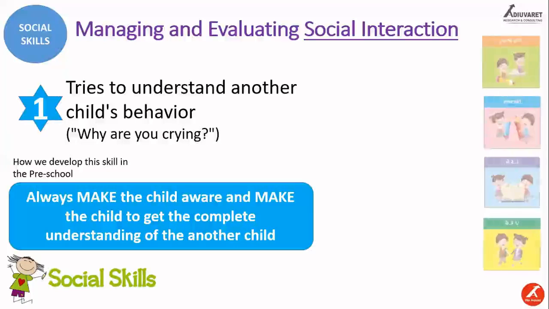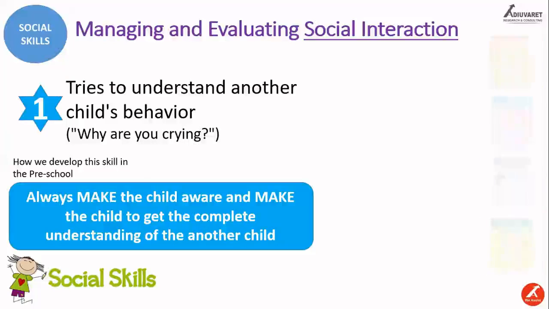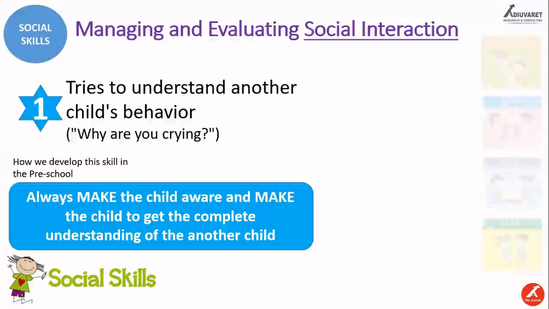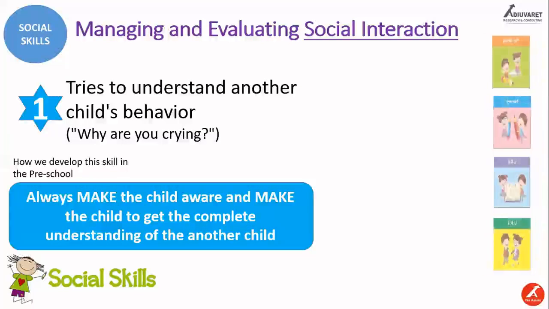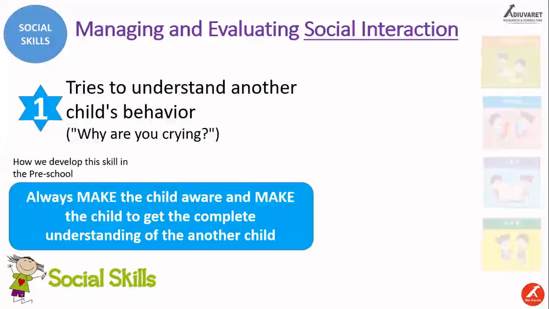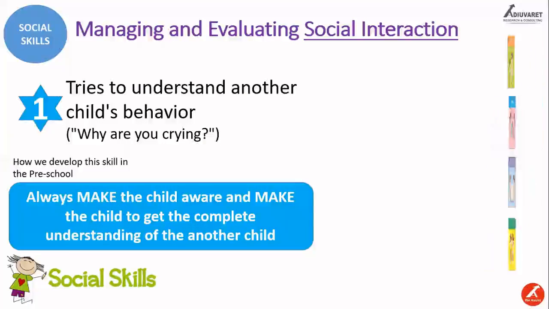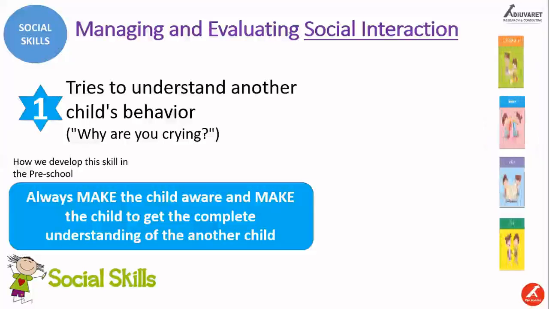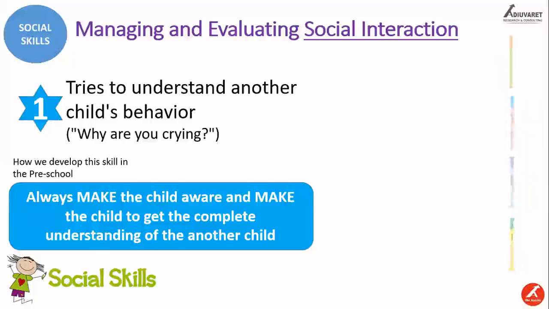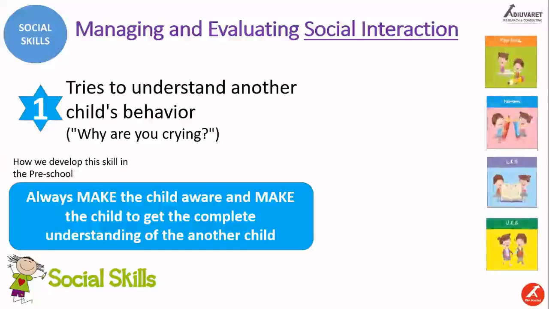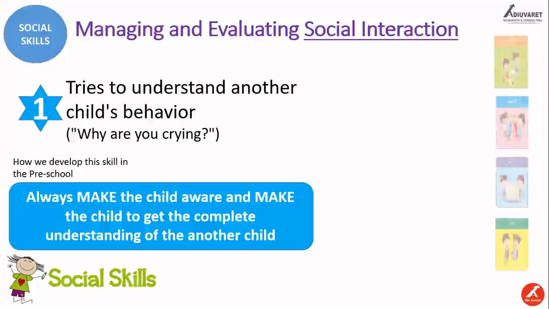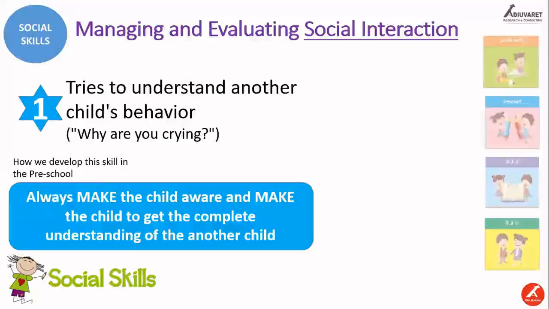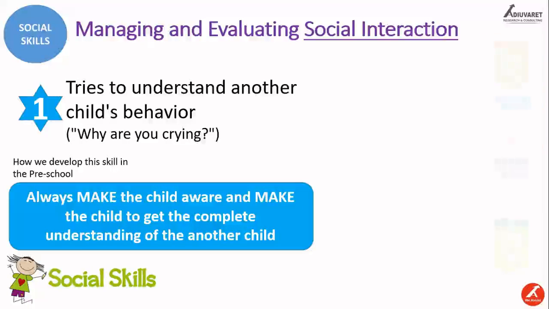I'll give one example. If one child is crying in the school, it is not that another child's role is to go and make the child stop crying, but the teacher can instruct one child to go and check why he is crying. So instead of the teacher going there, or instead of asking the maushi, the facilitator or the helper of the school, to do some intervention, the teacher can ask the child to build that skill: let's go and ask that child why he or she is crying.